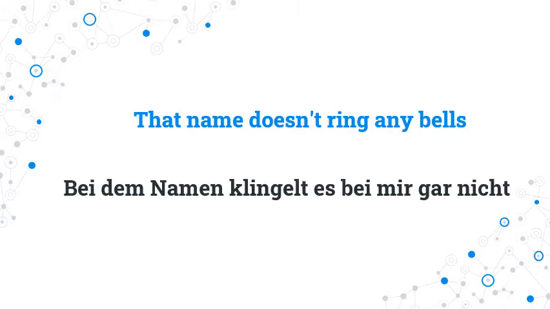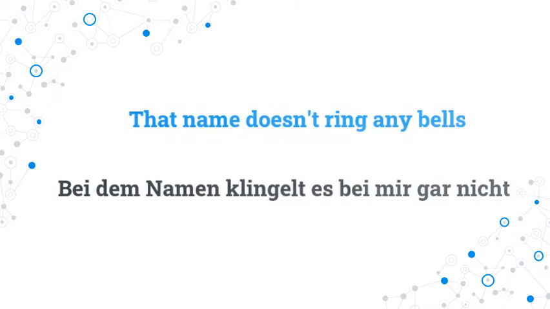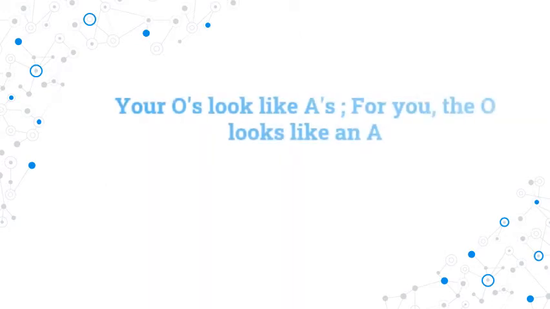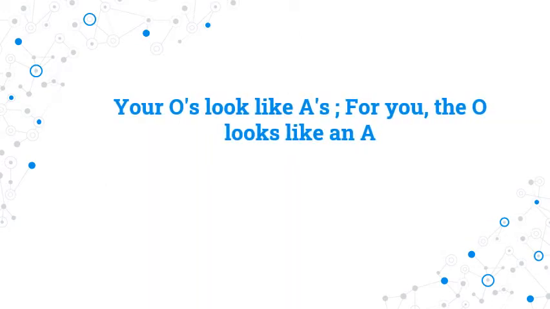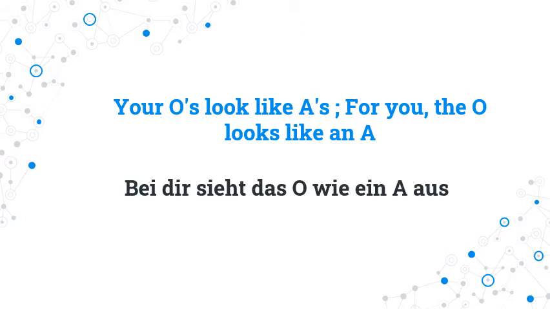Bei dem Namen klingelt es bei mir gar nicht. How do you say, "Your O's look like A's, for you, the O looks like an A," in German? Bei dir sieht das O wie ein A aus.